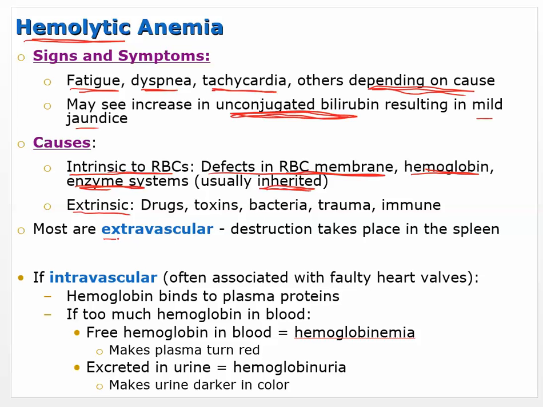Most of these are extravascular. Now this term can be kind of confusing, but in the spleen we have, remember these, I'll just draw one here. Here's a blood vessel coming in, and the blood cells move in and they may break, but then this capillary just kind of disappears, and maybe the broken blood cell ends up out here. And I'm going to draw this in a very simple way.